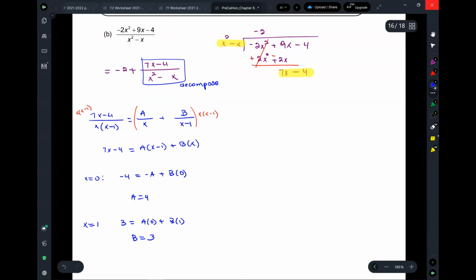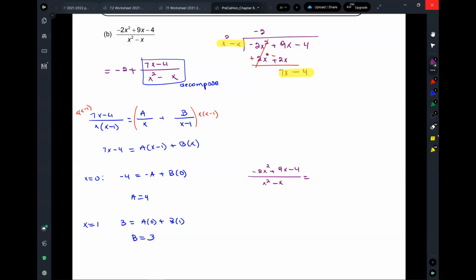Now, my initial fraction was this. Negative 2x squared plus 9x minus 4 all over x squared minus x equal to. I divided this, and I got negative 2 plus some other stuff. Most common mistake is people forget about the negative 2.